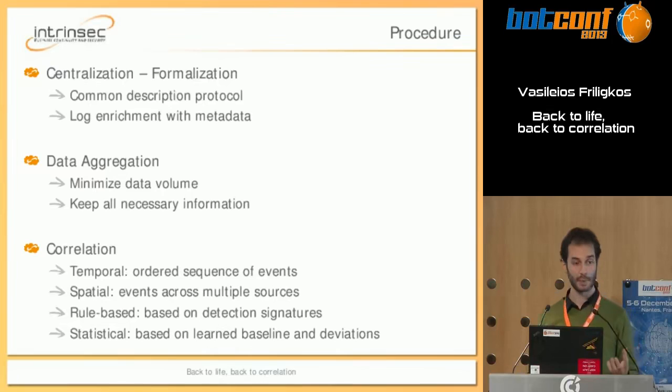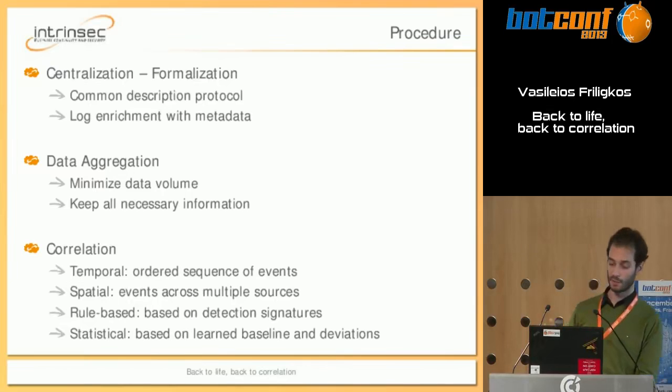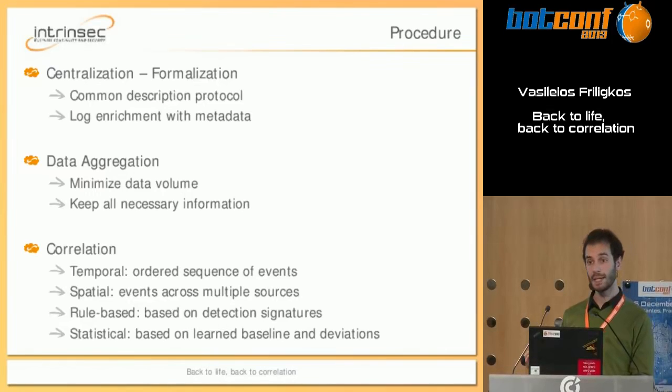We have one event coming from our firewall and another event from our SQL server activity. We can correlate between these events and conclude something. And we can do that either based on rules and signatures: if a special match has happened, then we do or do not do something. Or based on statistical deviation. For example, we pass a learning period, we learn what's normal and what's not normal, and any deviation from that behavior is reported.